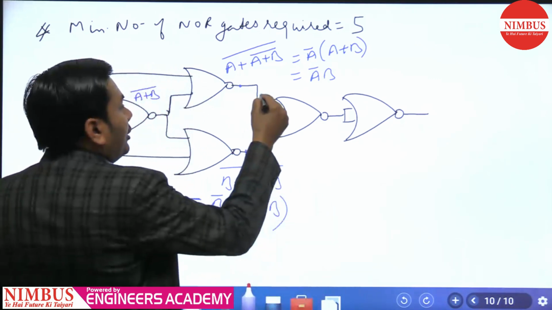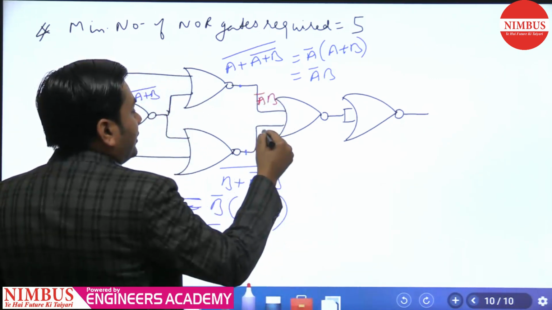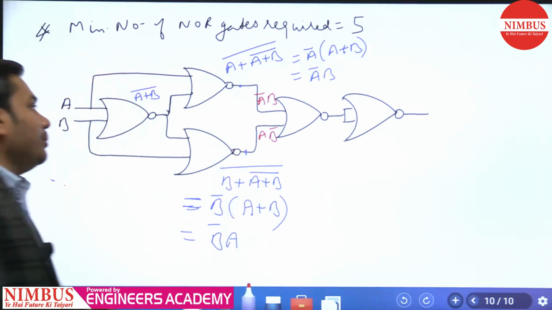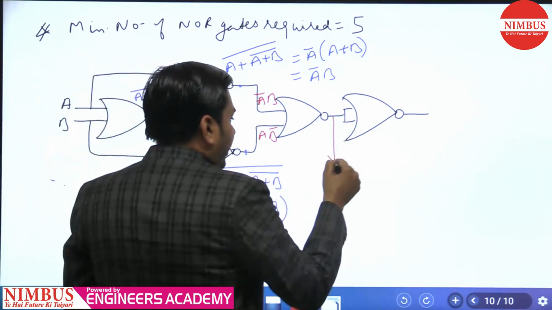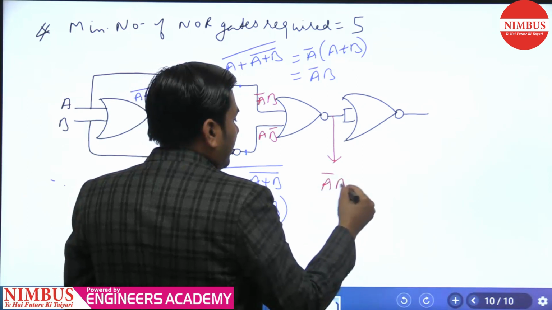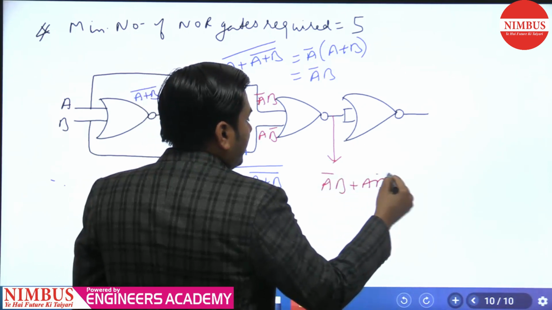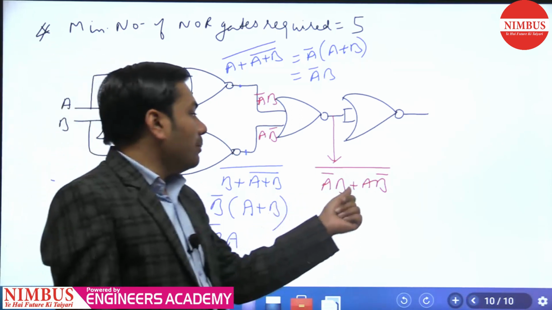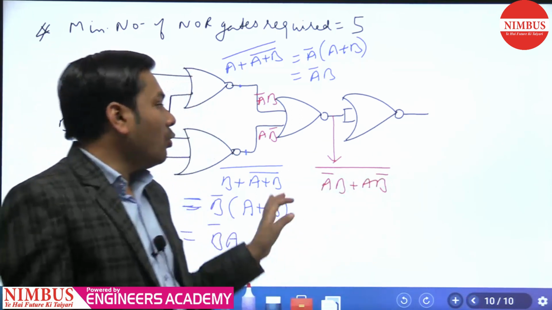So at this point we are having A bar B, and at this point A B bar. So at this point we are having A bar B plus A B bar whole bar.